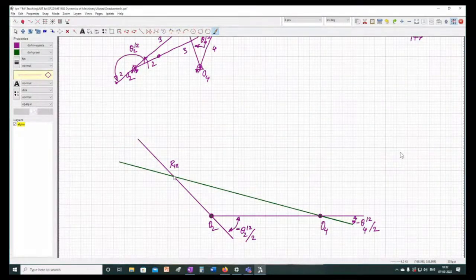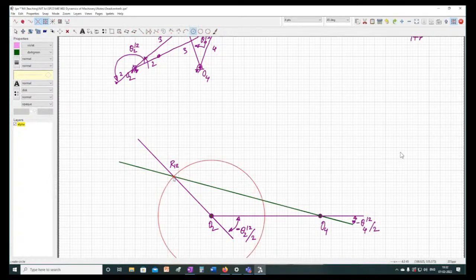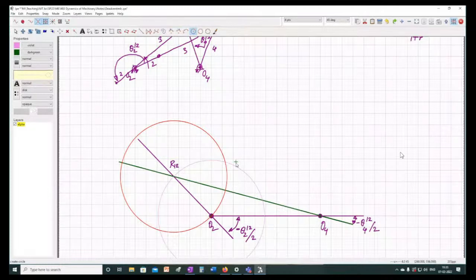Now we will draw the perpendicular bisector of O2 R12. Okay. To draw the perpendicular bisector, so these are the two circles we have drawn.